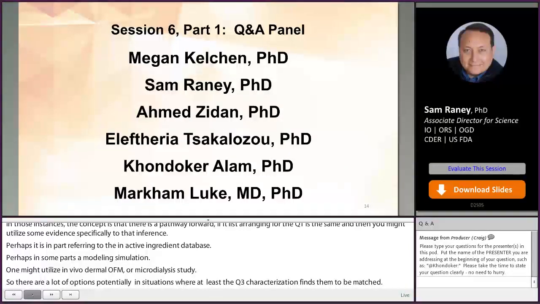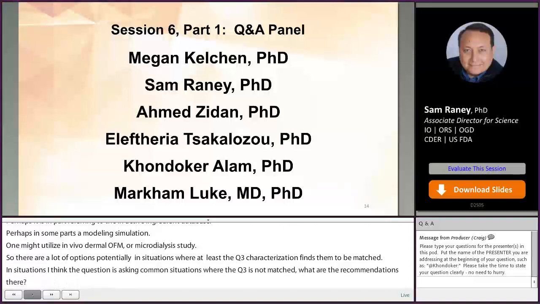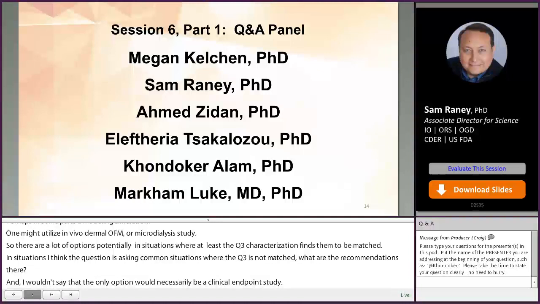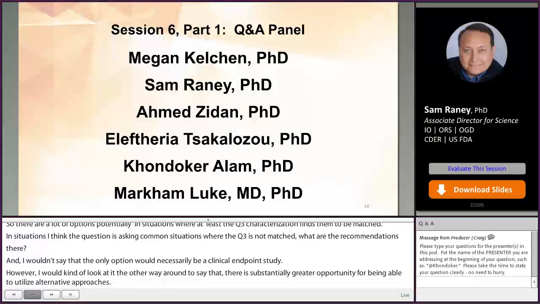However, I would kind of look at it the other way around to say that there is a substantially greater opportunity for being able to utilize alternative approaches if you can at least match the Q3 characterization, because we know that one of the ways that the components and composition exert their effects on bioavailability is through the molecular machinery of these dosage forms.